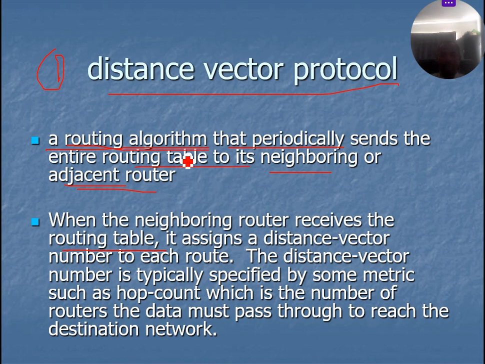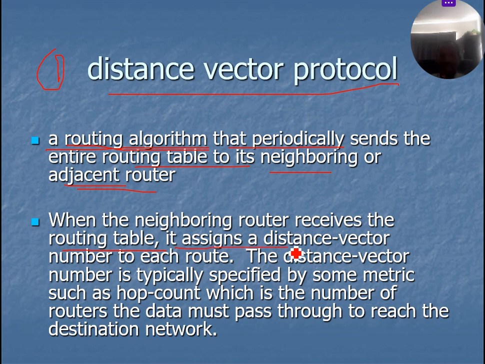A particular router sends its entire routing table to its neighboring router. That's what we call the distance vector routing protocol. Now, when the neighboring router receives the routing table, what will it do with it? It assigns a distance vector number to each route.